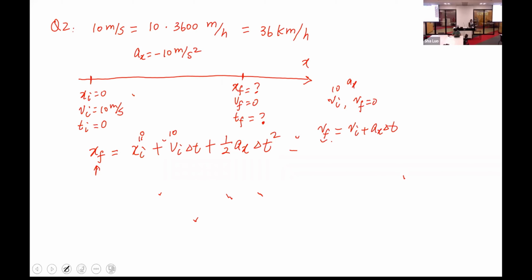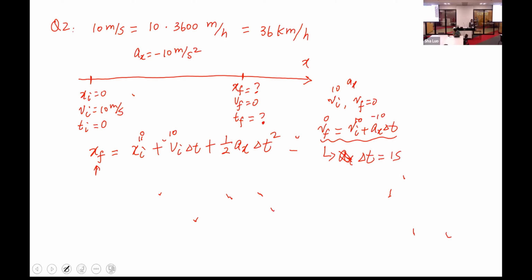From this equation, we will be able to find out delta t here. 0, 10, negative 10, simple, equals 1 second.